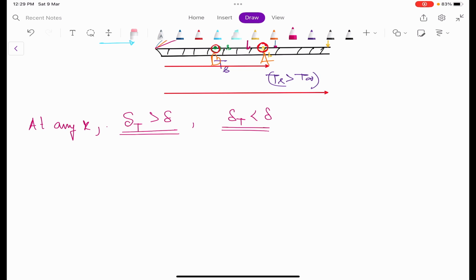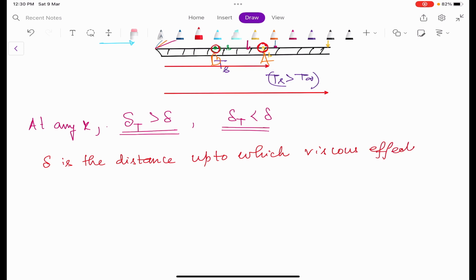Let me write these things in a few words. So delta is the distance up to which viscous effects are important.